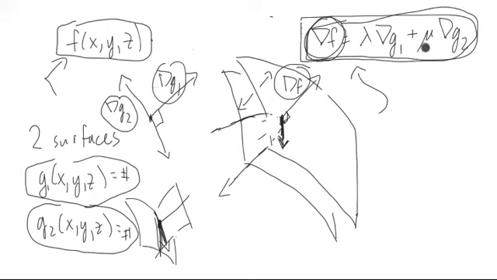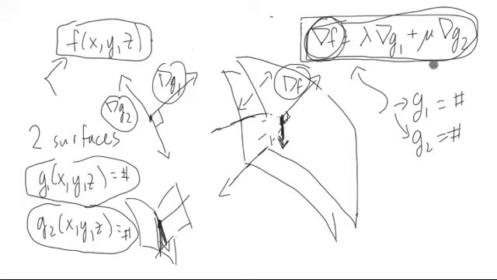Now, just a little note, when we do that, we actually have 5 equations, because we have g1 and g2, which are level surface equations. We need both of them satisfied for the intersection. And then, since we have 3 components here, we have 3 equations. This equation is really 3 equations because there's one in each component.